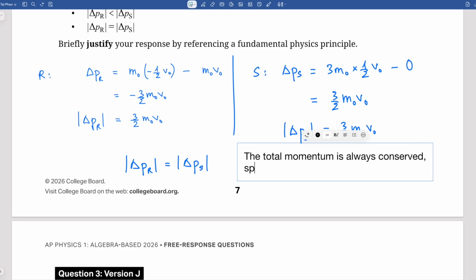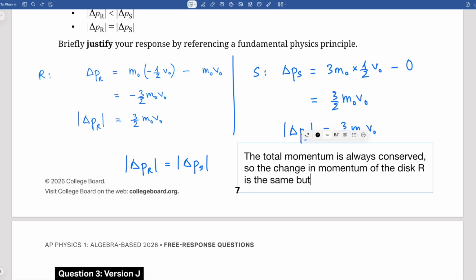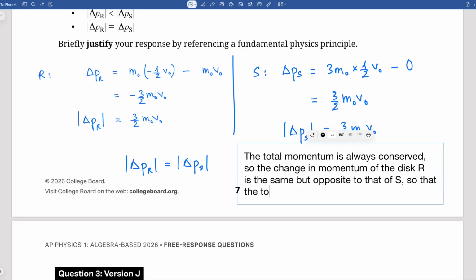So the change in momentum of one object, the disk R, which is to the left, is the same but opposite to that of S, so that the total change in momentum is 0, which means momentum does not change; momentum is constant, conserved.